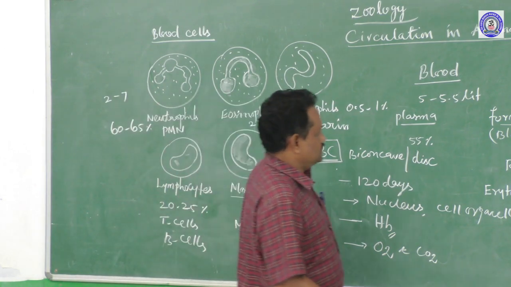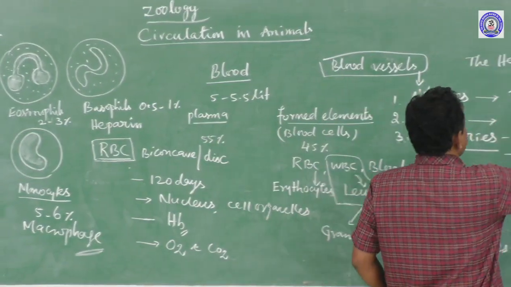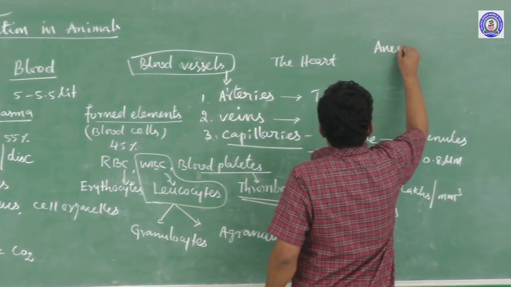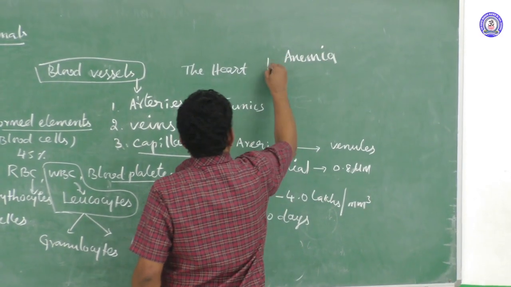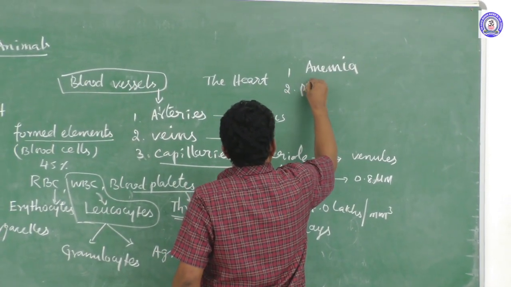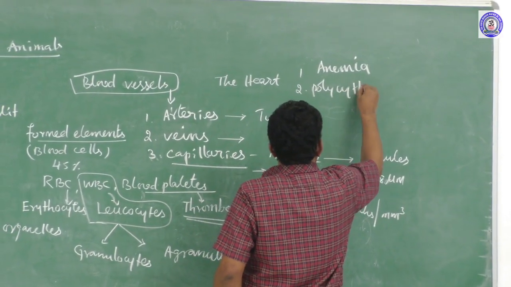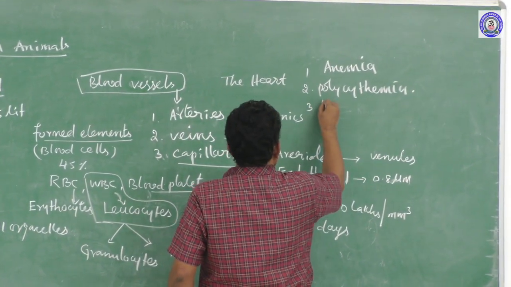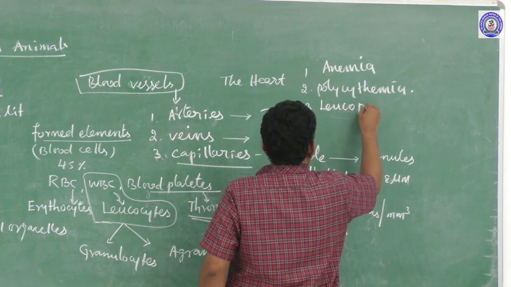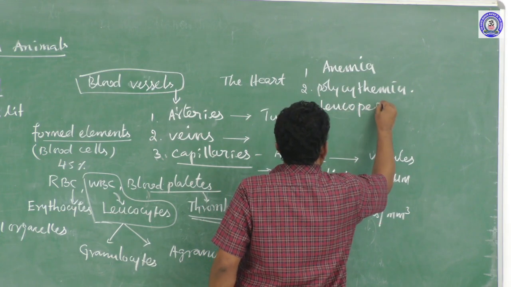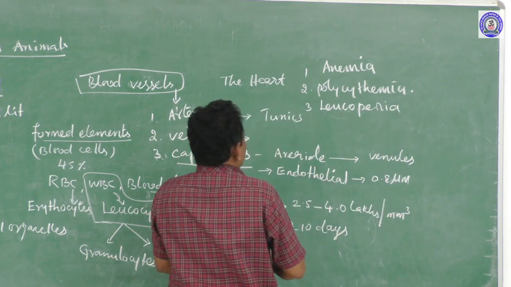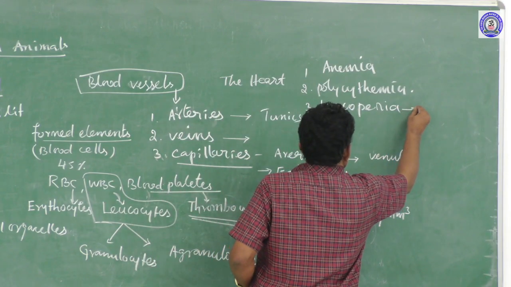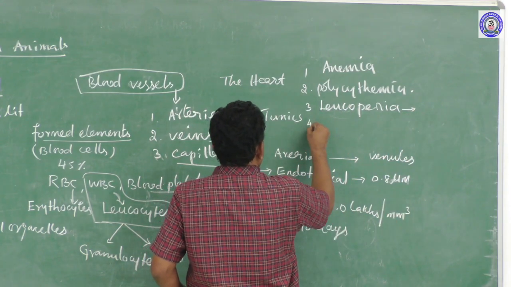So remember these different terminologies. Anemia, low number of RBC. Second, polycythemia, that is more number of RBC. Leukopenia, less number of WBC.